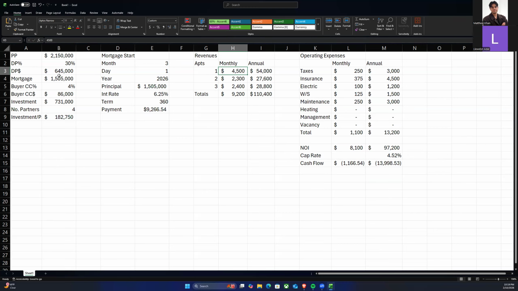Now, the other thing to consider is that the mortgage in this scenario would be 1.5 million. If you do a very simple calculation, the 1.5 million over 30 years, what is that annually?